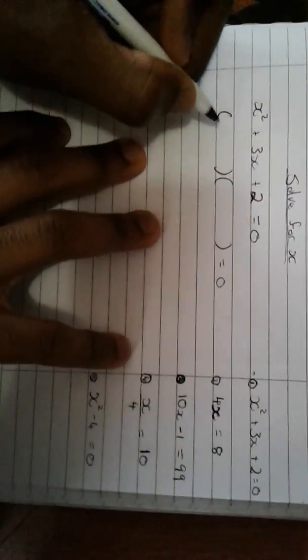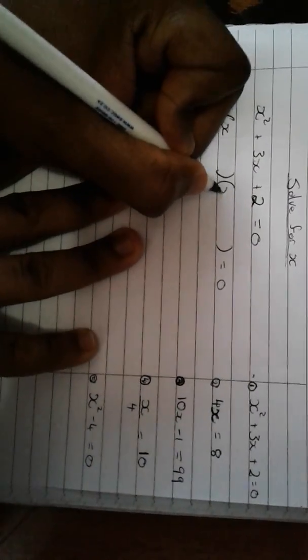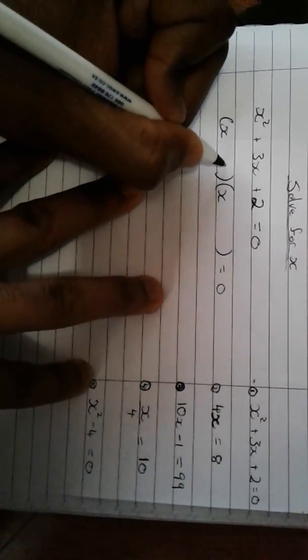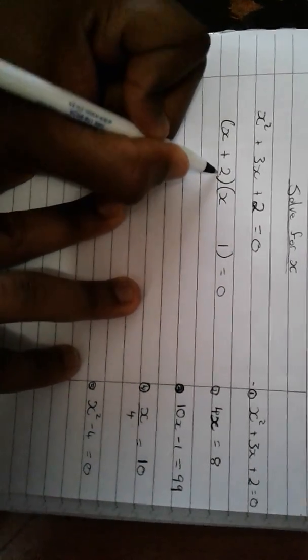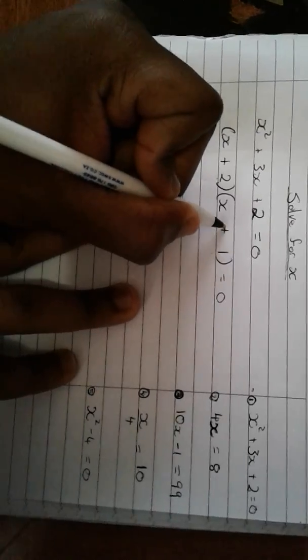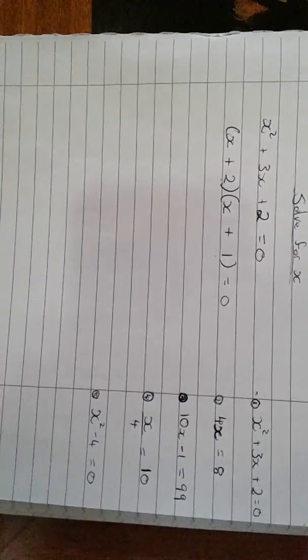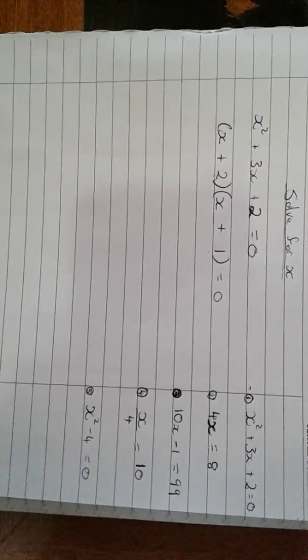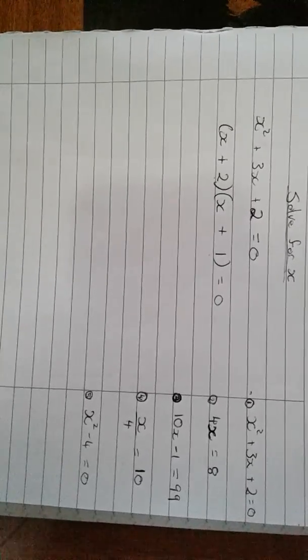So yeah, remember the rules, x here, 2 and 1. If you don't know why I put the 2 and a 1 here, please watch the video that is going to teach you about factorizing.